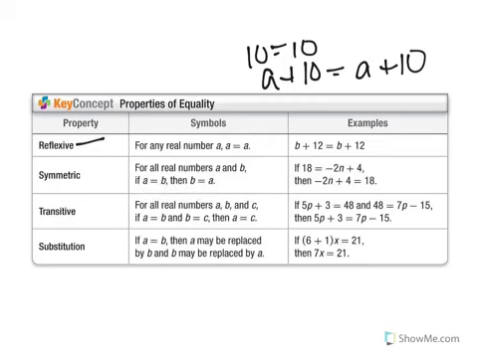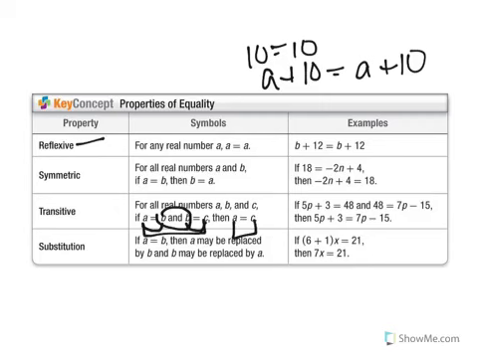Okay. Now you have the transitive property. For all real numbers A, B, and C, if A is equal to B and B is equal to C, all you have to do is take that middleman B out. That means that A and C are going to be equal to one another due to the transitive property.